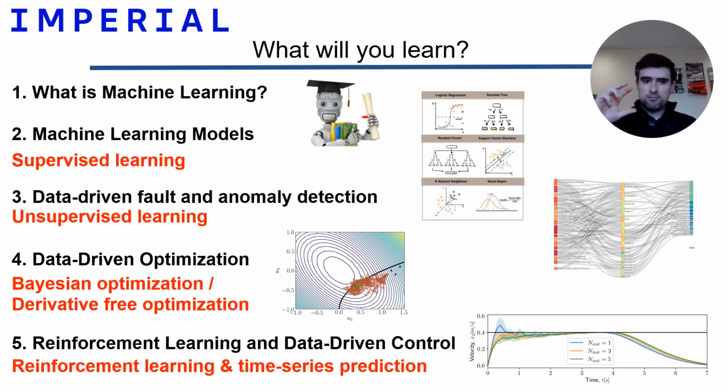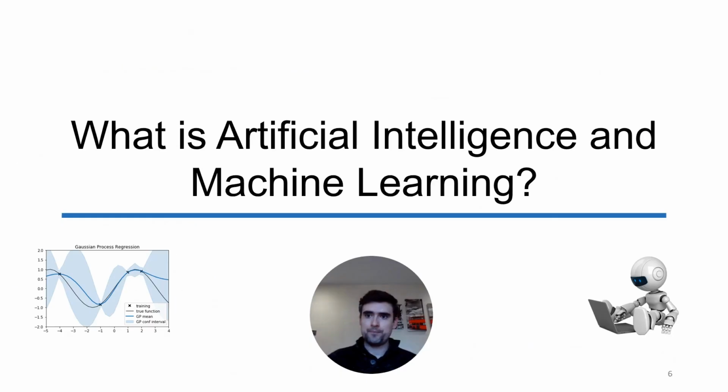Then there's this part on Bayesian optimization and derivative-free optimization, which again nicely overlaps with data-driven optimization. And finally, the last part is reinforcement learning, time series prediction, and data-driven control. We have an extra lecture on large language models, of course, because they're very interesting and important right now. But that's a bit outside of this. But we'll be talking about this as well.